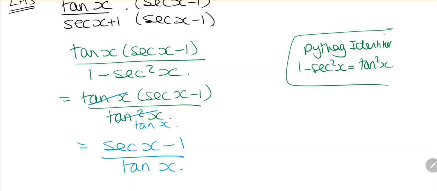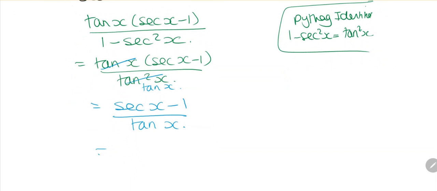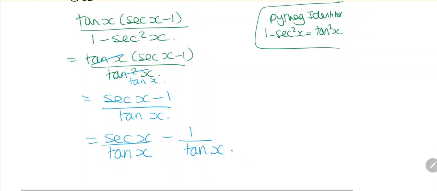If we rewrite them both as separate fractions, we'll have secant of x over tan of x, minus 1 over tan of x. What do we know about these?